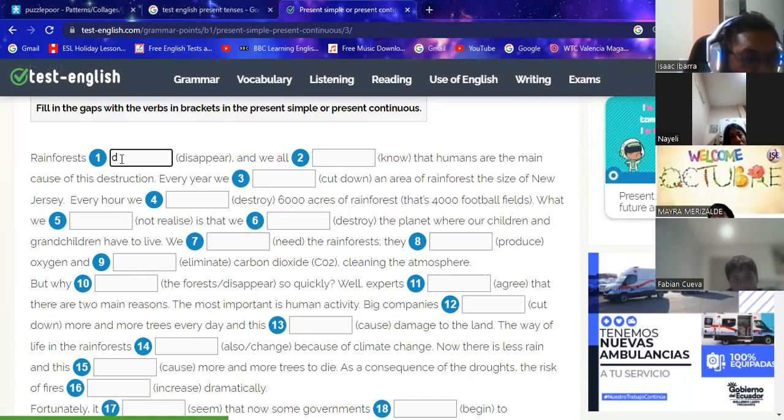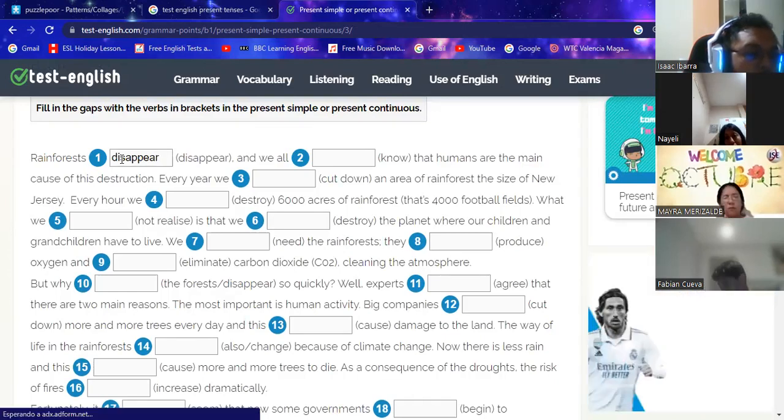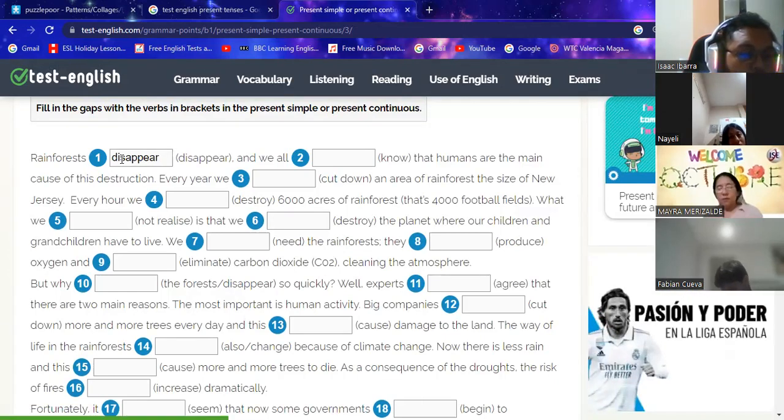Disappear. And we all, Fabian, Isaac, and we all know or are knowing? No. Porque la gente o sabe o no sabe, pero no está sabiendo.